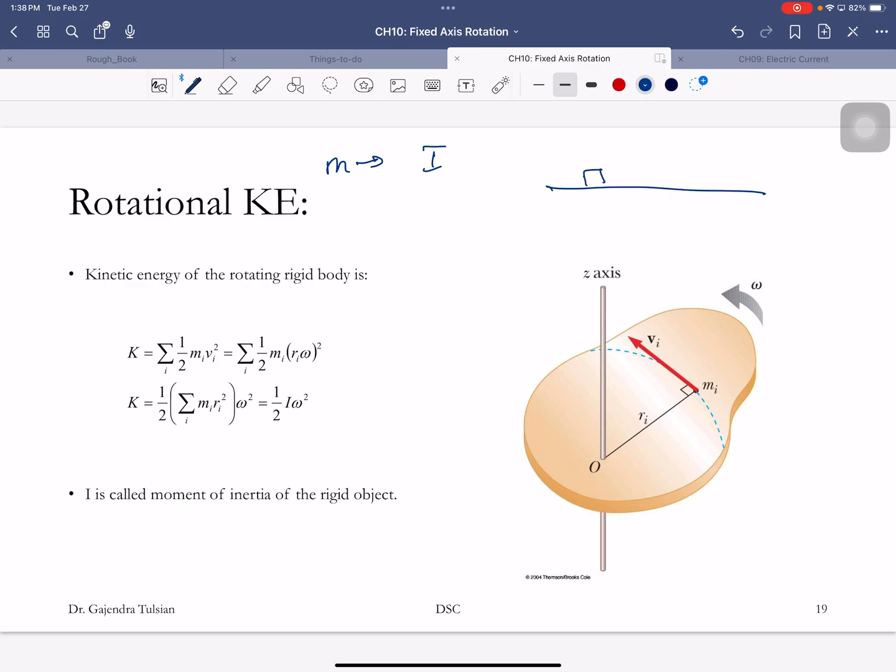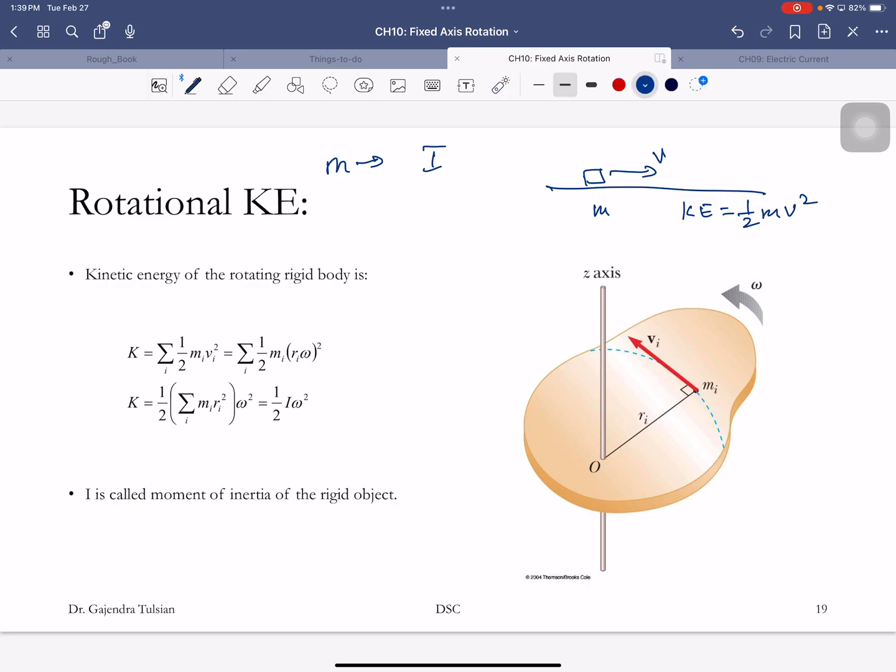Okay, so what is the kinetic energy of this car? Kinetic energy is 1/2 mv squared. Okay, so if you know the mass of an object and its velocity, you know its kinetic energy. Now the problem here is the following: when this thing is rotating, every little piece is moving with different velocity.